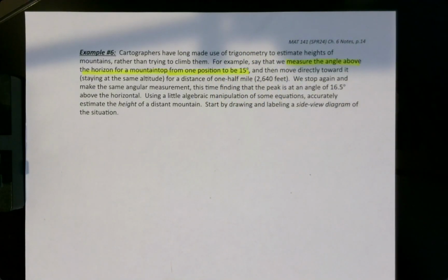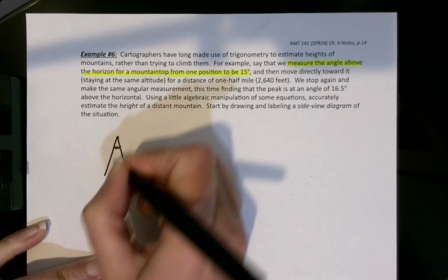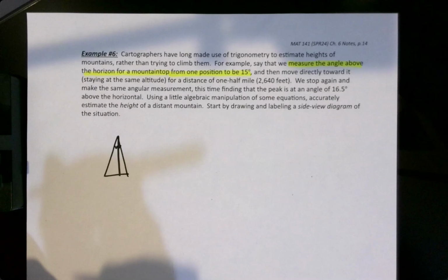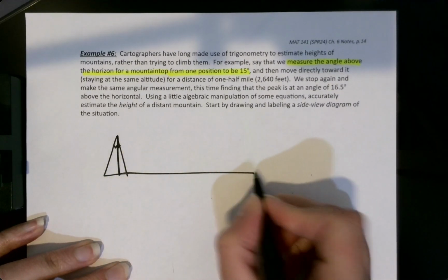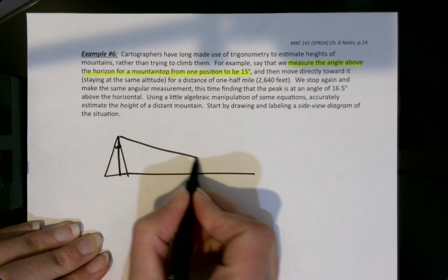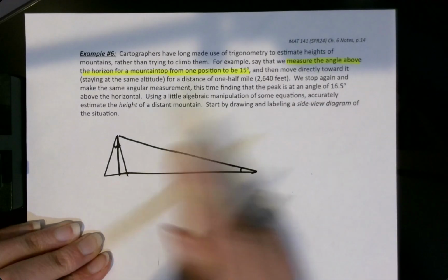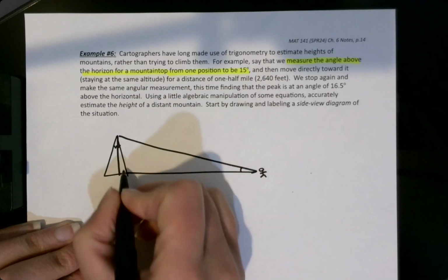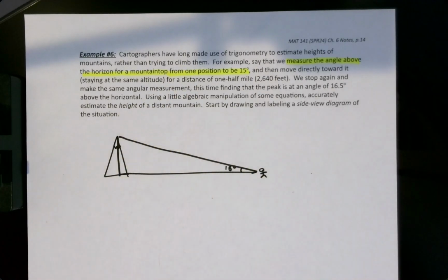Let me draw myself a little diagram to get this started. I've got a mountain, very tall mountain right here, and I want to know how tall that mountain is. So I'm going to measure the angle from my position to the top of that mountain, and I'm going to say it's about 15 degrees.